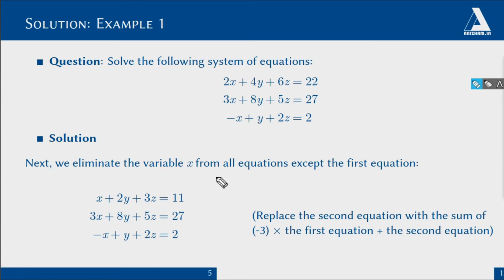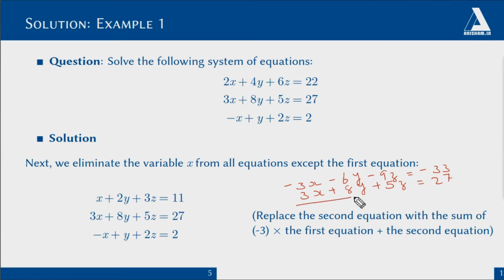See, minus 3 times the first equation is minus 3x minus 6y minus 9z equal to minus 33. So, this is minus 3 times the first equation. Now, we have to add the second equation with this one. So, that is 3x plus 8y plus 5z equal to 27.